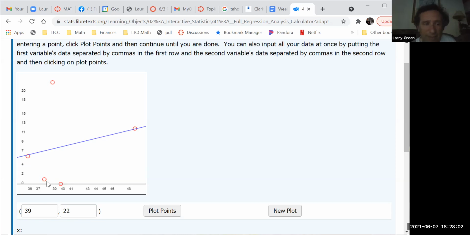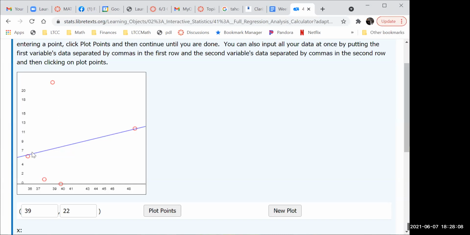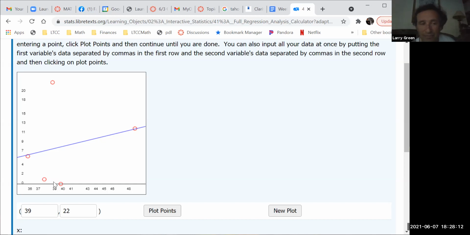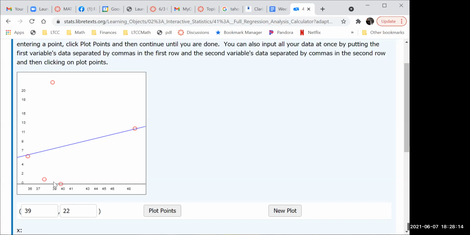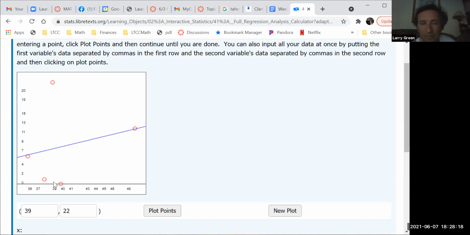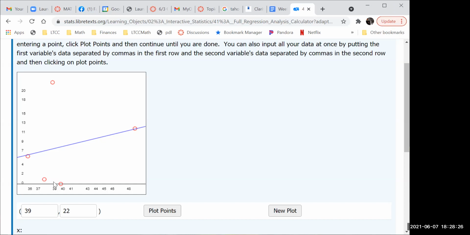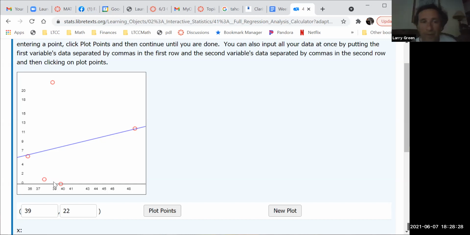We can see the points are all over the place, right? So our line is a terrible estimate for the data. If it's a terrible estimate, R is going to be close to 0, whereas if it's a good estimate, R is going to be close to 1 or -1. Does that help? Yeah, thank you.